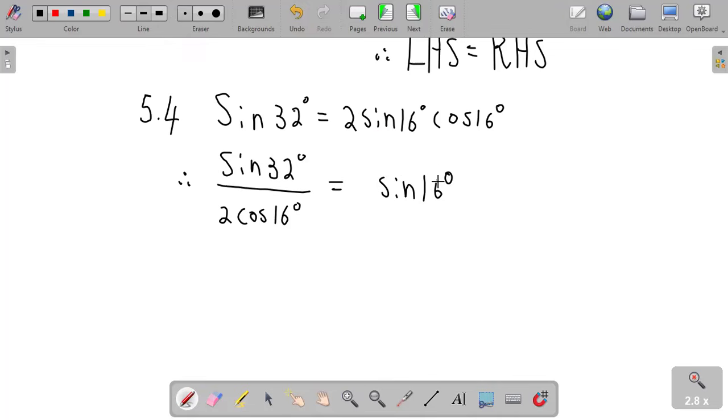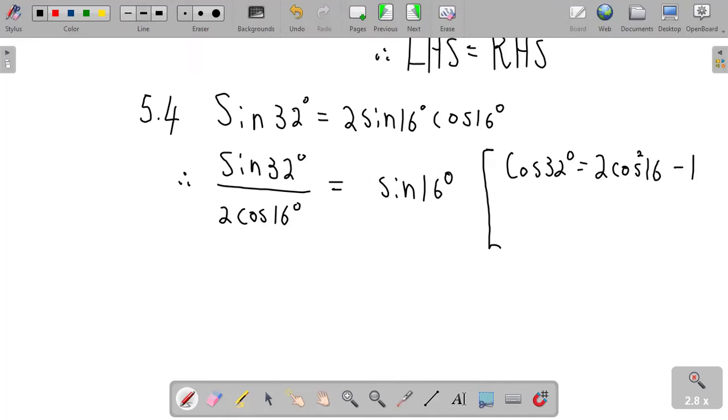So how can we express cos 16? Well, we know that cos 32 degrees is equal to 2 cos squared 16 degrees minus 1.